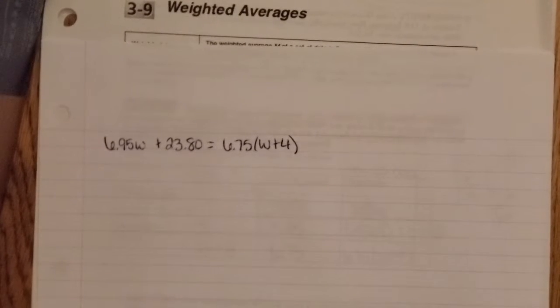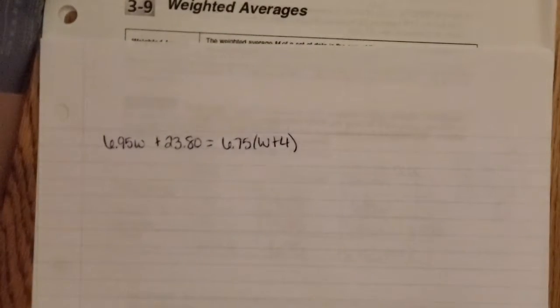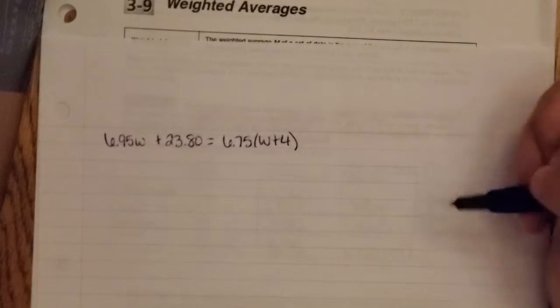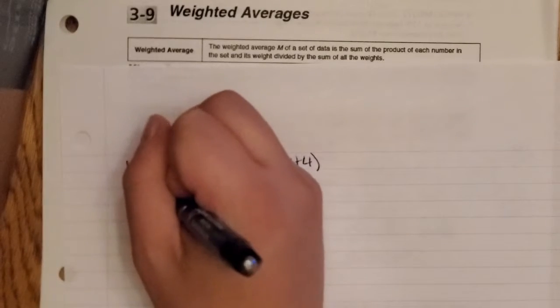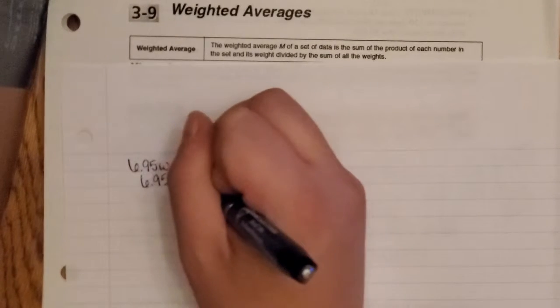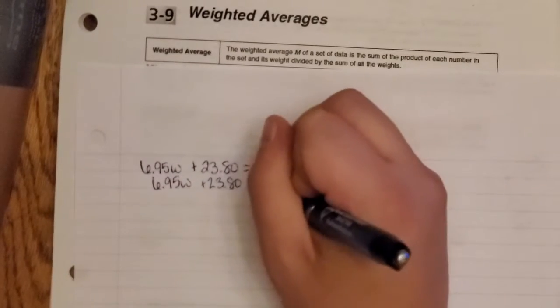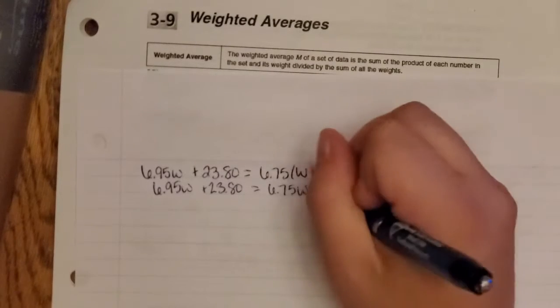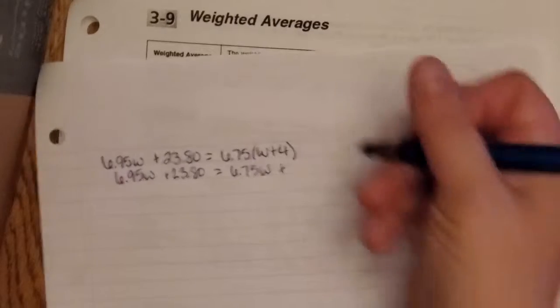So now I need to solve for W. Well, first thing I see is that I have parentheses. I can't simplify these because I have a variable with a number, so I need to distribute. So my next line is going to be 6.95W plus 23.80 equals 6.75W plus 6.75 times 4, which would be 27.